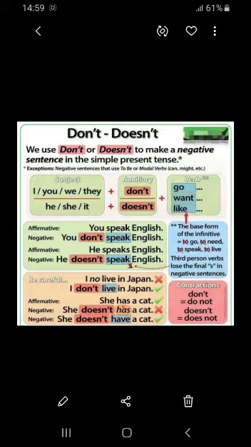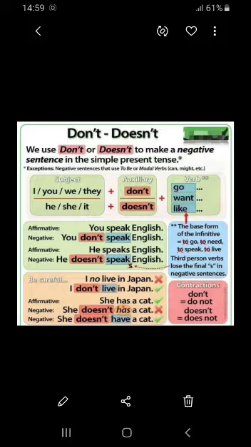I start with subject plus auxiliary and plus verb go or want or any other verb in the infinitive. So I say, I don't want to go out, or we don't go to the cinema.